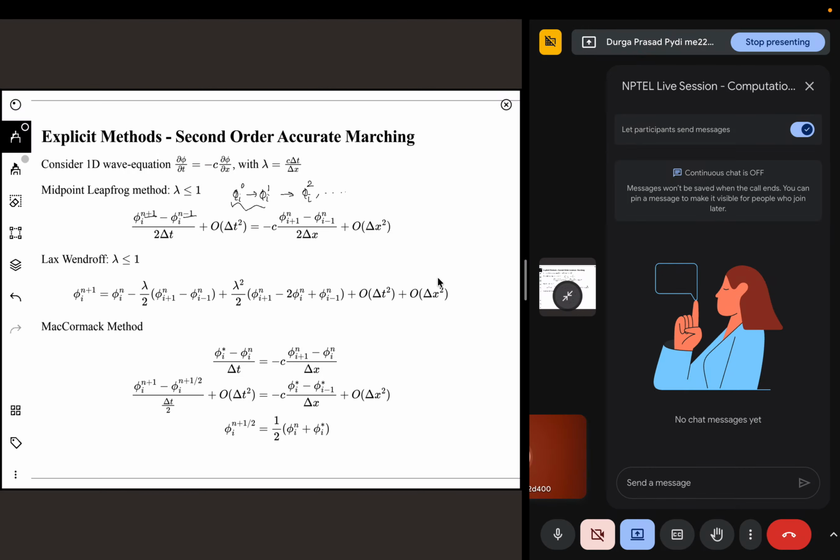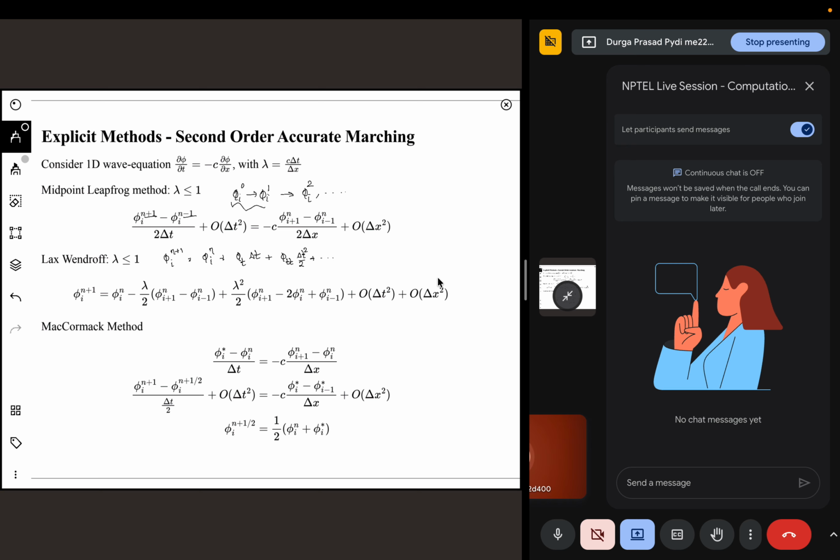An alternate method is again the Lax-Wendroff scheme. This is specifically designed for this particular case. If you do the Taylor series expansion for phi n plus 1, it is phi n plus phi t times delta t plus higher order terms.